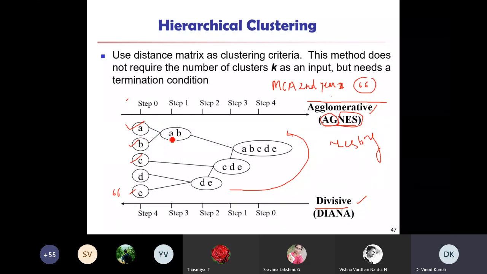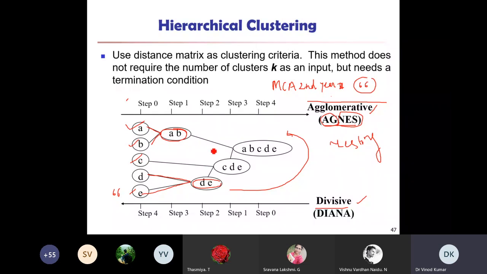Then what will I do? Then I will do the grouping. I will group 2 elements, so one cluster AB is formed. Some may remain isolated in this step.